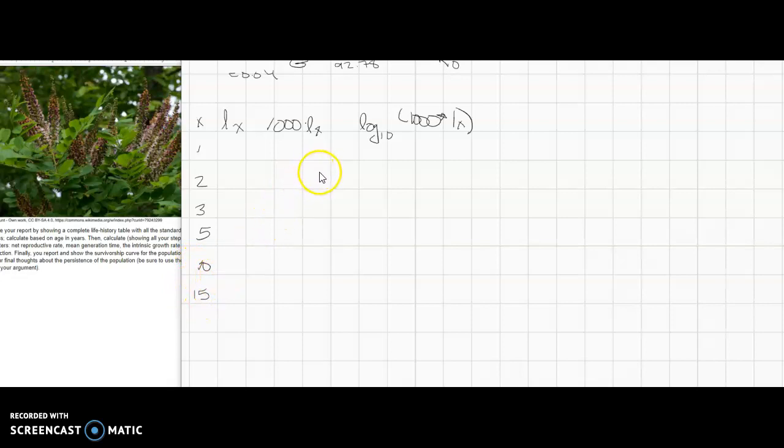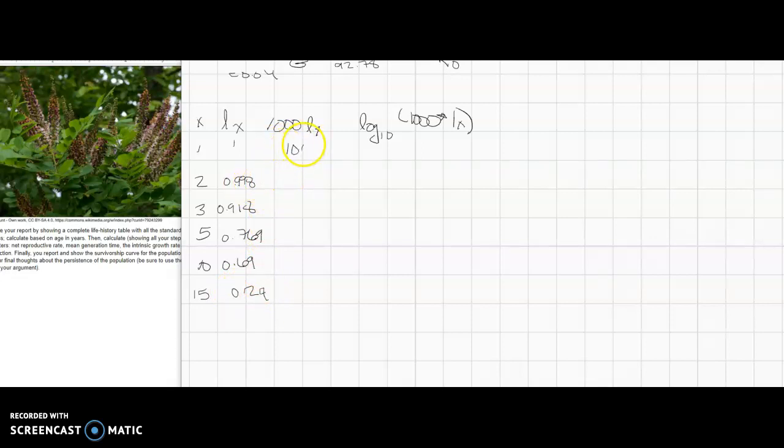And then our Lx values were 1, 0.997, 0.918, 0.769, 0.69, and 0.24. And then we're just going to multiply those values by 1,000.